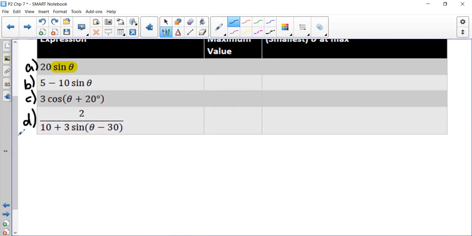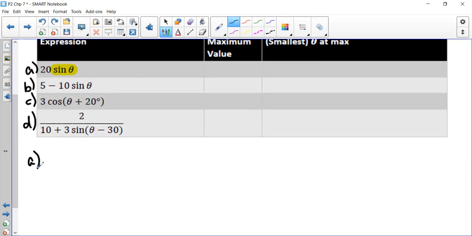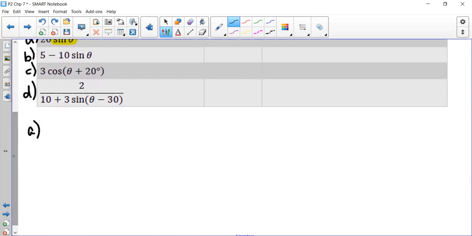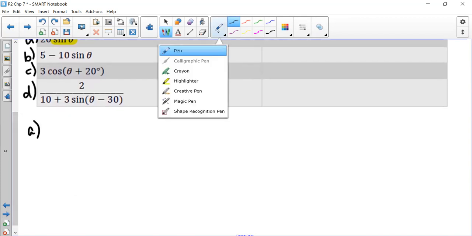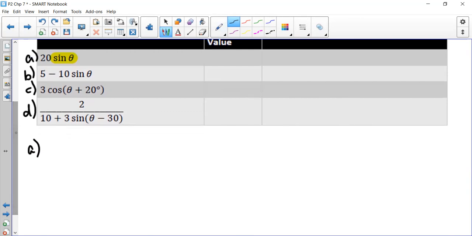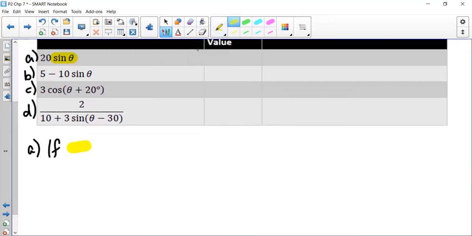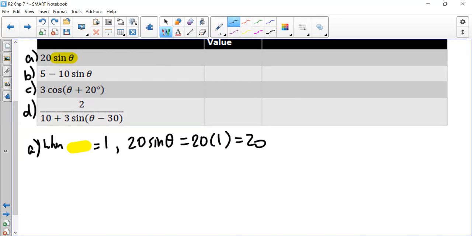So question A. We want to find a maximum value. We know sine theta has a value between -1 and 1. So when the highlighted part equals 1, or -1, it doesn't matter which we put first, 20 sine theta will equal 20 times 1, which is 20.